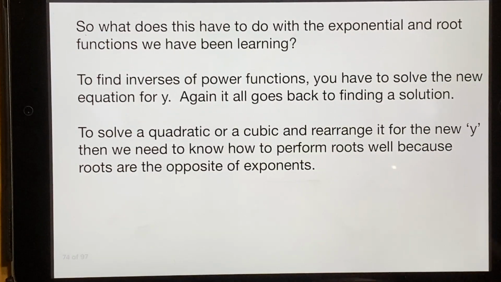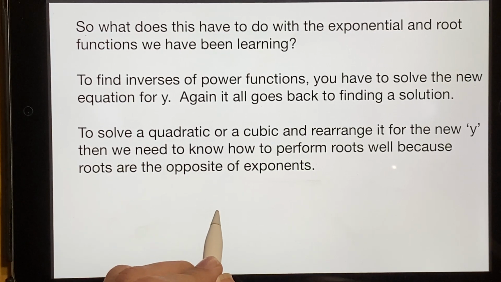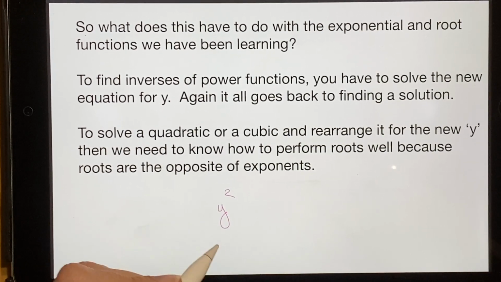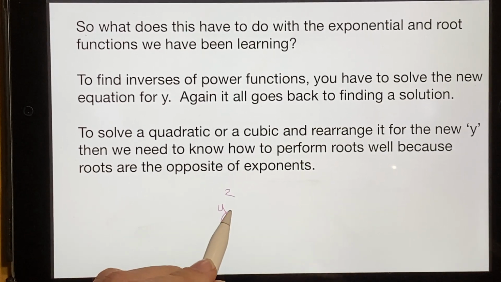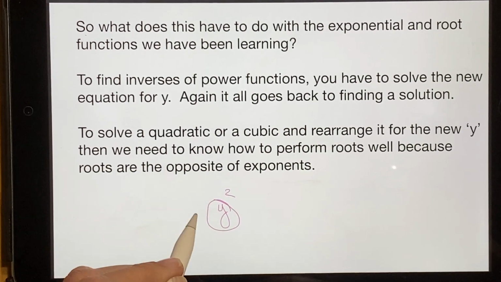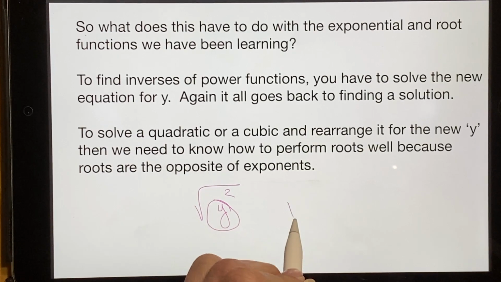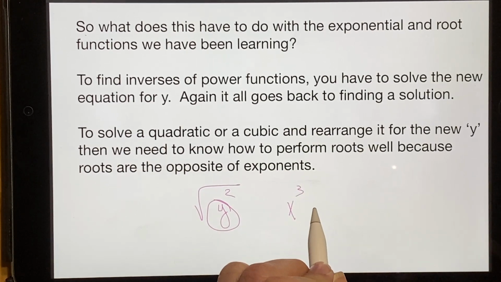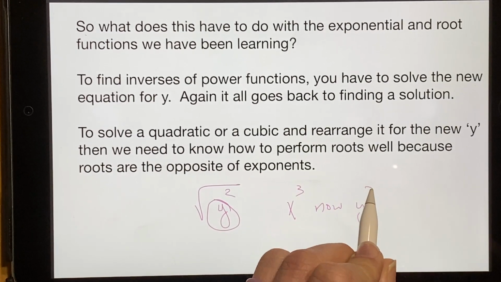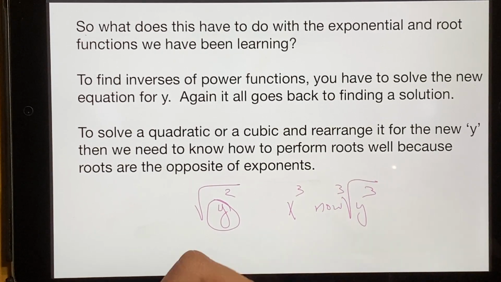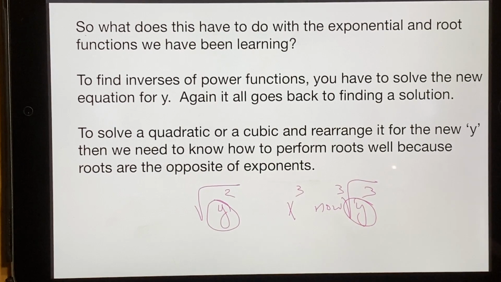But as we move forward, if I had a function and I have now swapped it, and now my y is squared instead of my x being squared, I want to get y all by himself again, which means I'm going to have to take the square root of him. If my x was originally cubed, now my y is cubed, so I'm going to have to take the cube root of y to get y by itself.